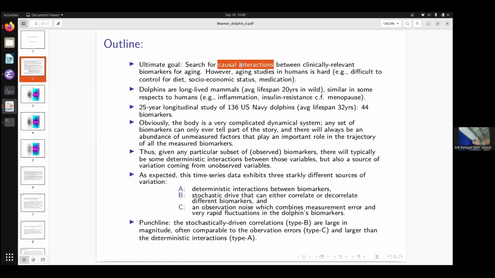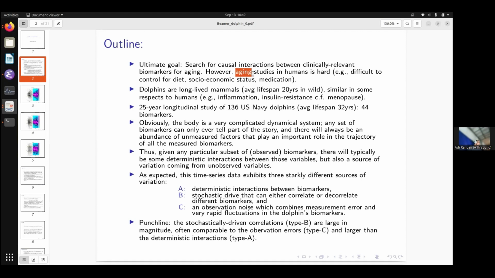Right? So one of the things that clinicians have wanted for a long time is some predictive model for whether certain biomarkers or fluctuations in those biomarkers affect other biomarkers. And one of the big holy grails of medicine is to not only figure out which biomarkers affect which other biomarkers, but also how those effects change as people age.